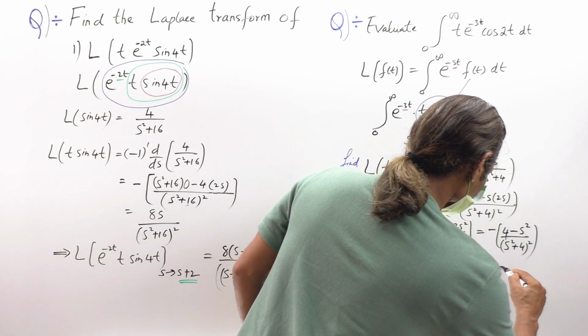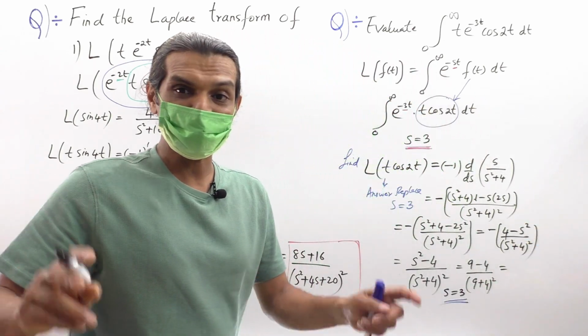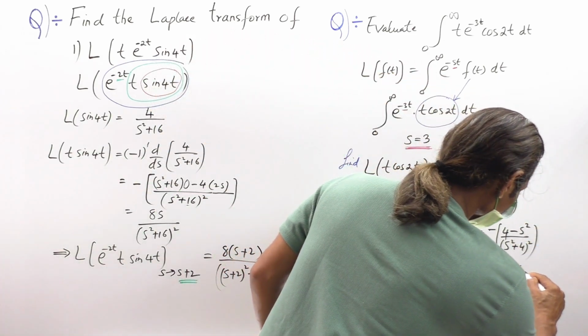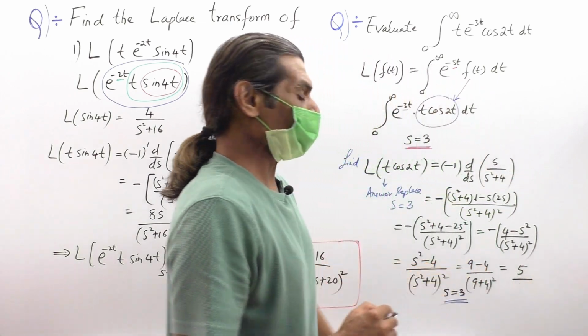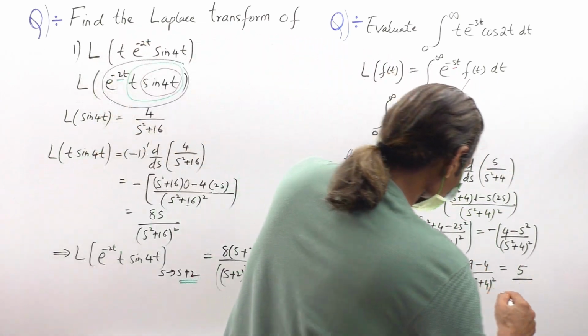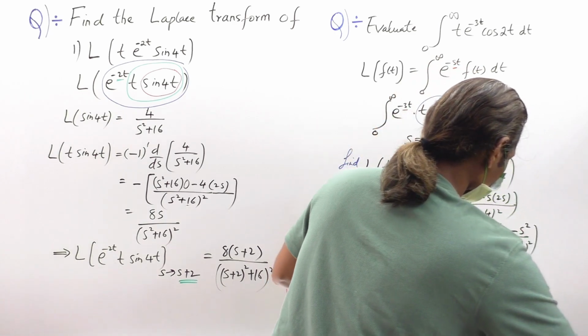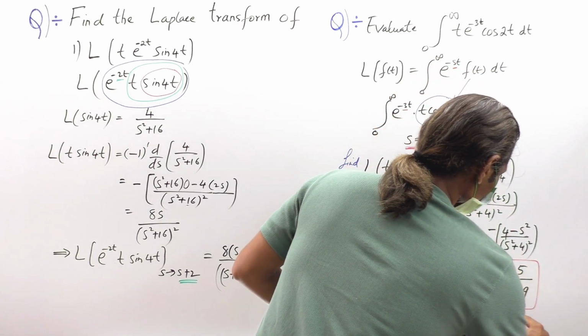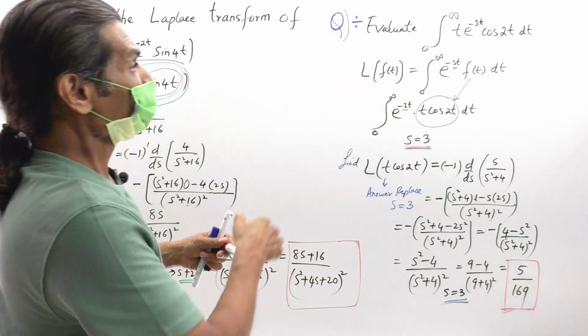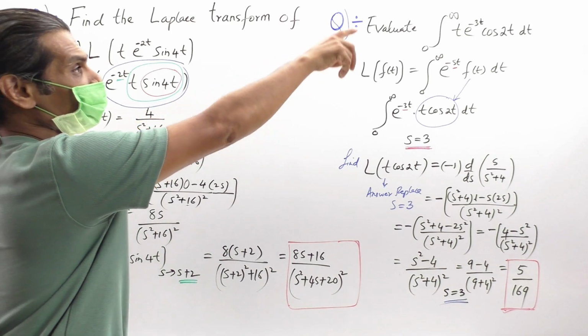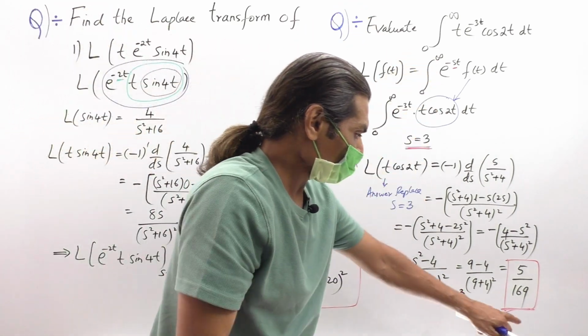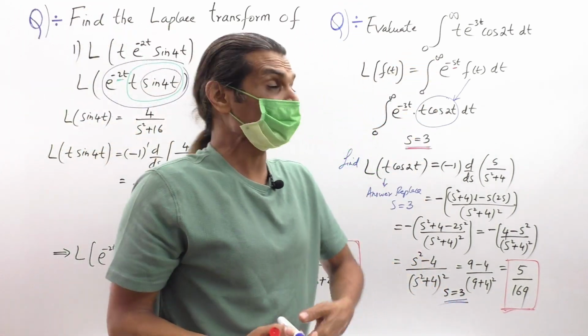The final answer is 9 minus 4 is 5, divided by 9 plus 4 is 13, the square of 13 is 169. That's the answer. So the answer for the integral from 0 to infinity of t e raised to minus 3t cos 2t dt is nothing but 5 by 169.